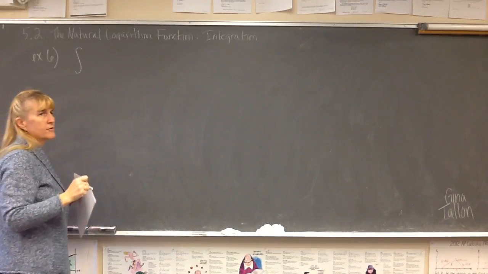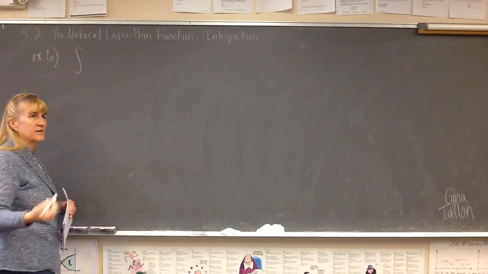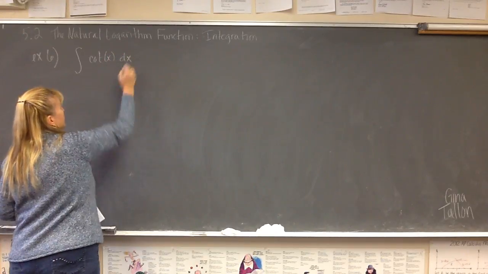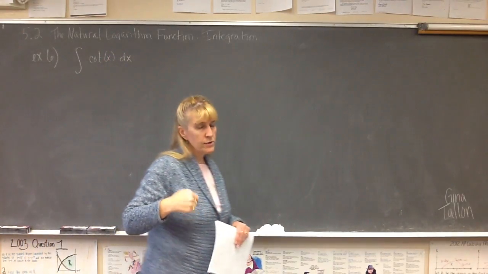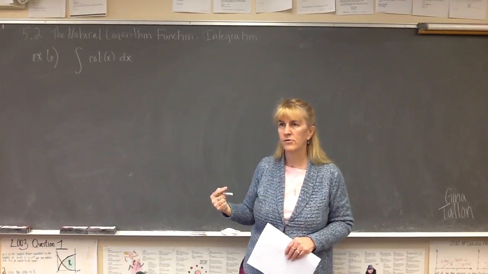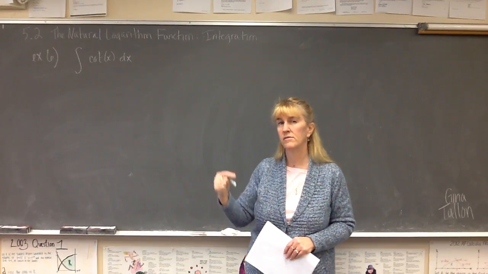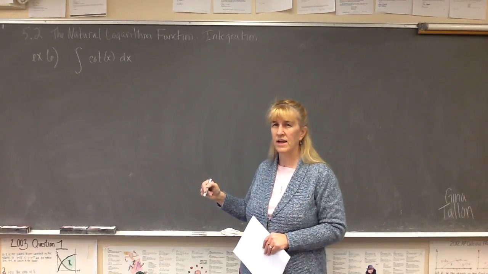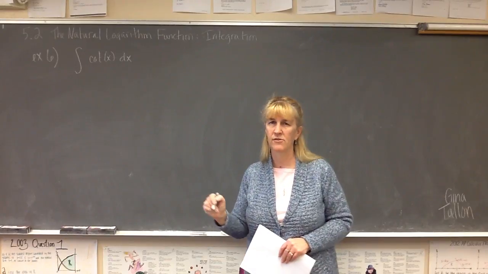Let's say I give you the integral, and instead of asking you cosine x over sine x, I ask you instead about cotangent x. I know the derivative of cotangent x, and the only reason I know that is because I know the derivative of tangent x. The derivative of tangent x is secant squared x, and therefore the derivative of cotangent x would be negative cosecant squared x.